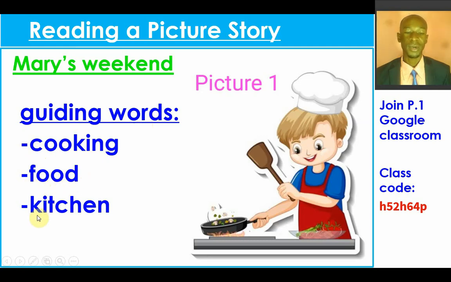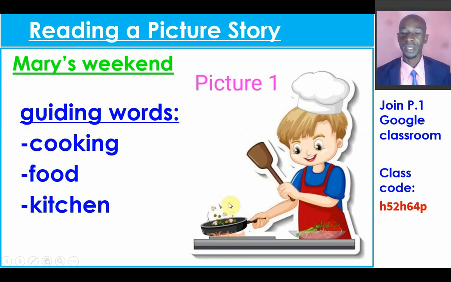And the third one is kitchen. So we can use these guiding words to tell what is happening in the picture. So here we see Mary, meaning Mary is in the kitchen cooking food. So the story begins with Mary in the kitchen cooking food.